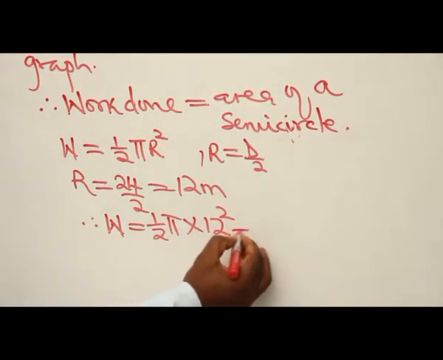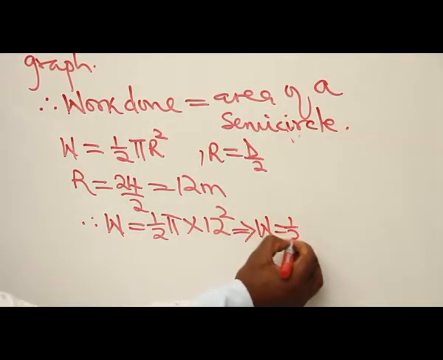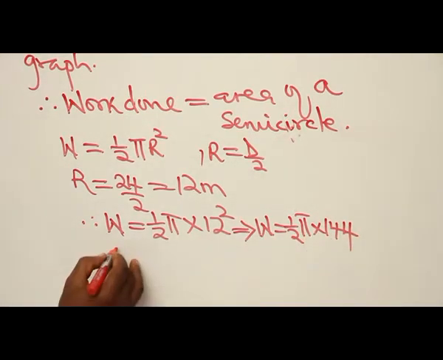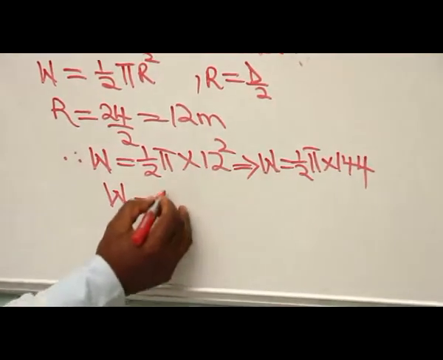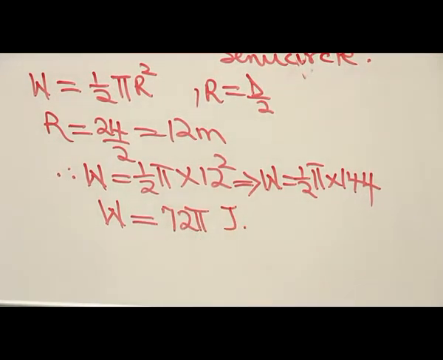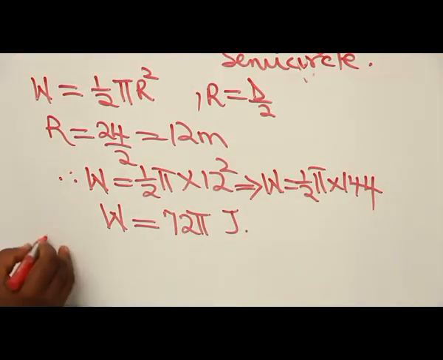The work done will be equal to half pi times 144. Therefore, the work done is 72 pi joules. Option B is the correct answer.